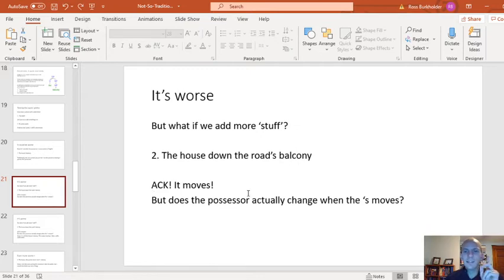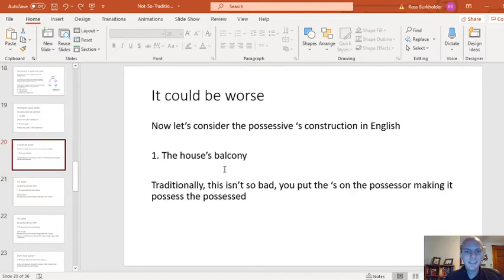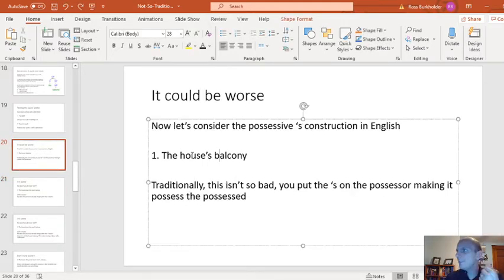But did the possessor actually change? Whose balcony is it here in example 1? It's the house's. House is still the main possessor there.